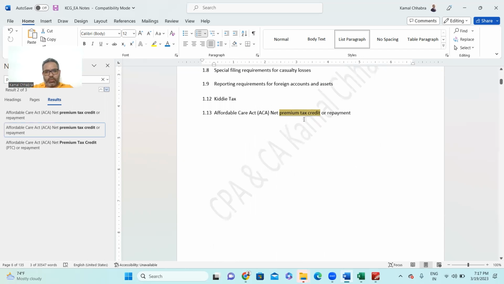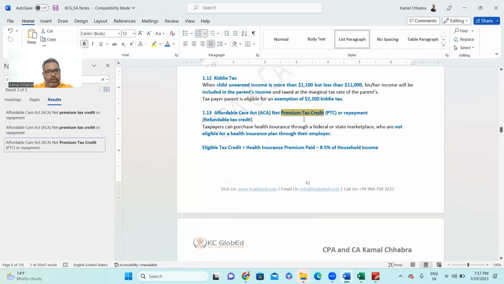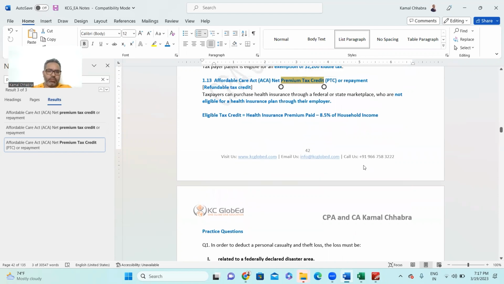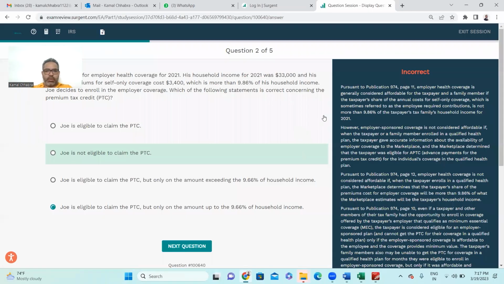A taxpayer can purchase health insurance in the federal or state marketplace if not eligible for employer coverage. The eligible tax credit is the health insurance premium paid minus 8.5% of the household income. So here Joy is not eligible to claim PTC.